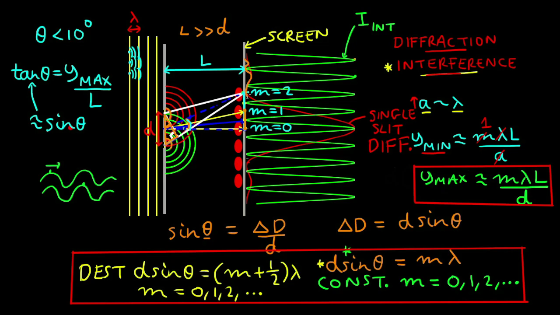So we have a maximum, then a minimum, and then this maximum gets enveloped in a single slit diffraction envelope. And this pattern continues as follows.